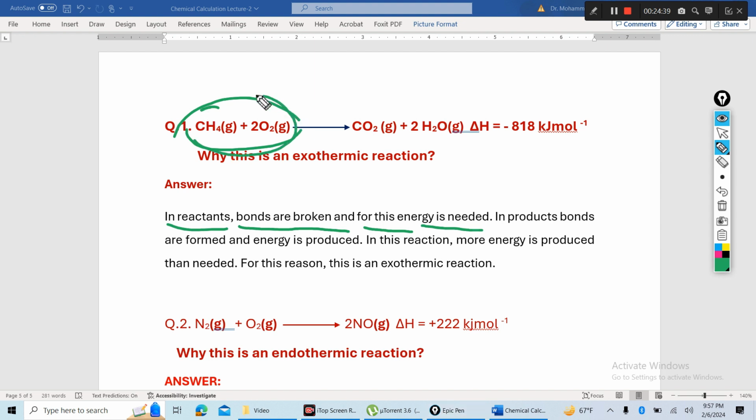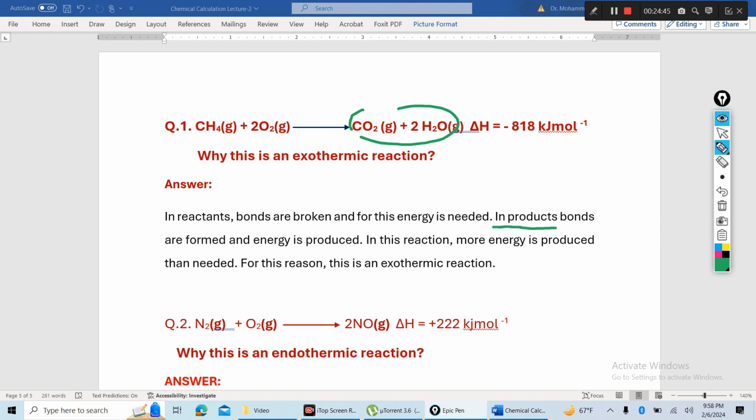To break these bonds, energy is needed. Now this is the product. In products, bonds are formed, and for this energy is produced, released. When bond forms, energy is produced.